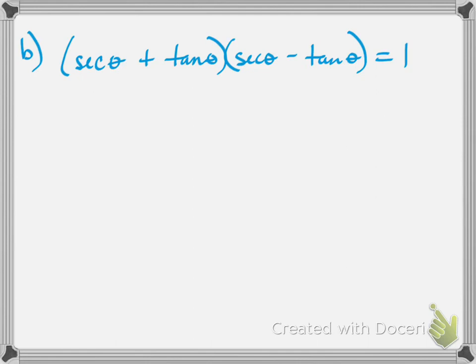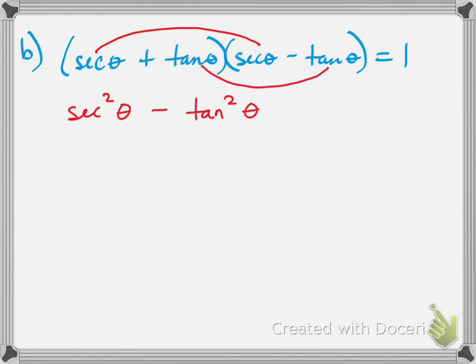Well, our algebra brains probably are firing right now and saying, hey, you're multiplying two binomials together. Why don't you FOIL? And you might realize that these two binomials are conjugates of each other. When that happens, you just do first times first minus last times last, because your outer and your inner cancel.